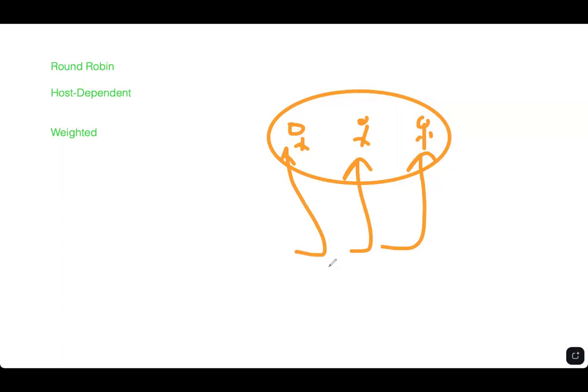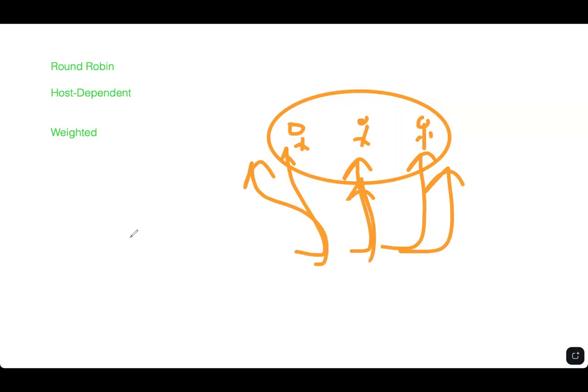You have a table of users: one user, another user, and another user. You send one connection to one user, another connection to another user, and another to the next, and repeat the same thing, rotating in a round table fashion.